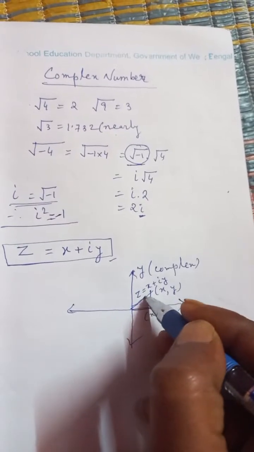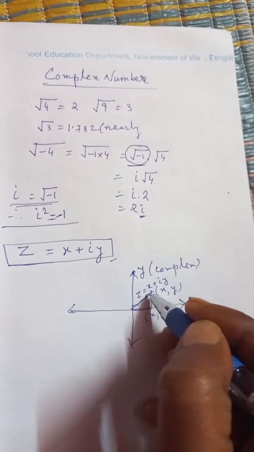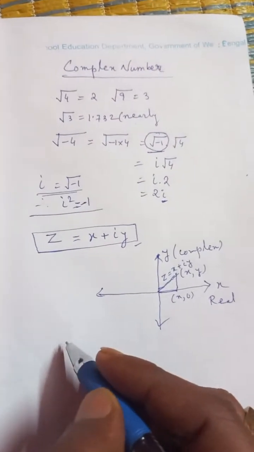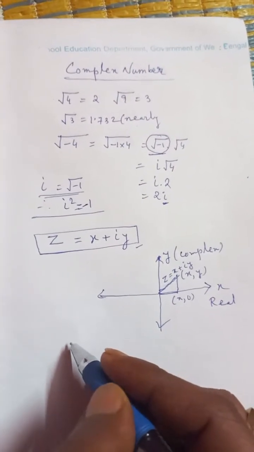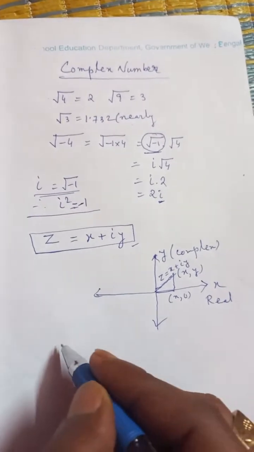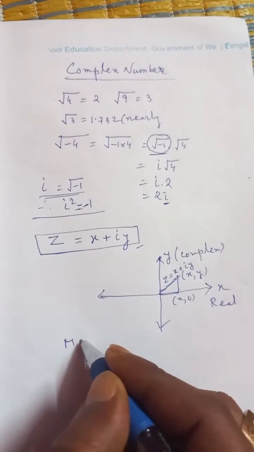So how can we find out the value of z? The value of z can be found by the modulus of z, written as mod z.